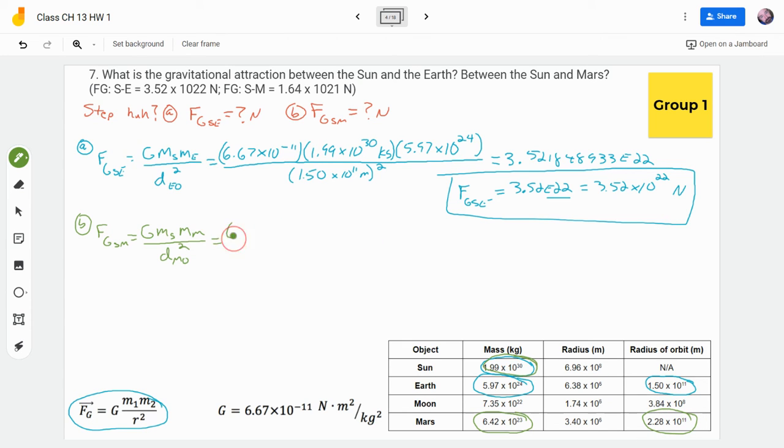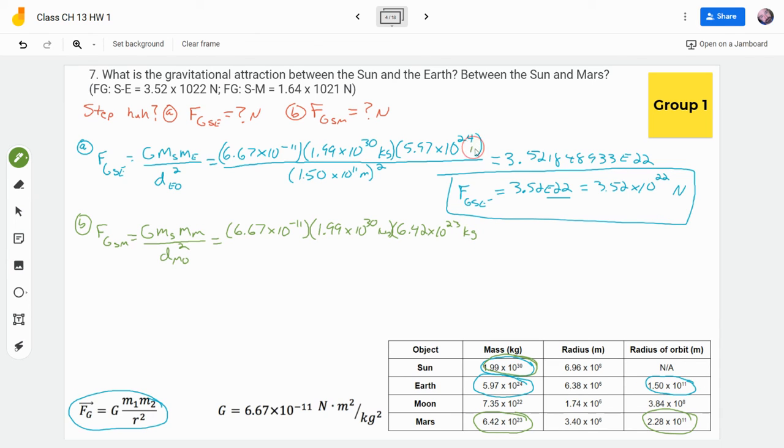When you're doing these things, I highly recommend one of your last steps should be to write out on the paper exactly the numbers you're going to put into the calculator. So there's big G. Mass of the Sun is still 1.99 times 10 to the 30th kilograms, times the mass of Mars, 6.42 times 10 to the 23rd kilograms.